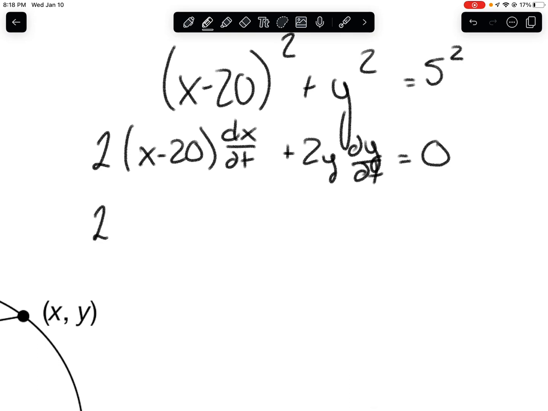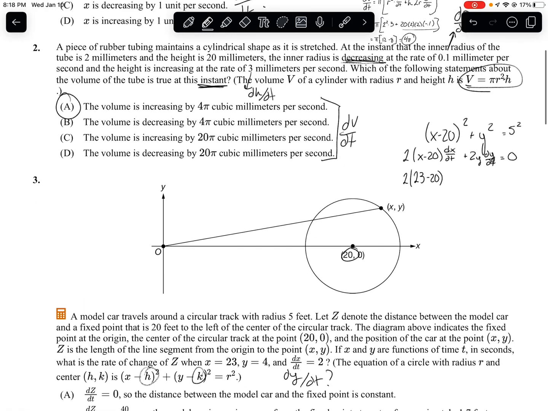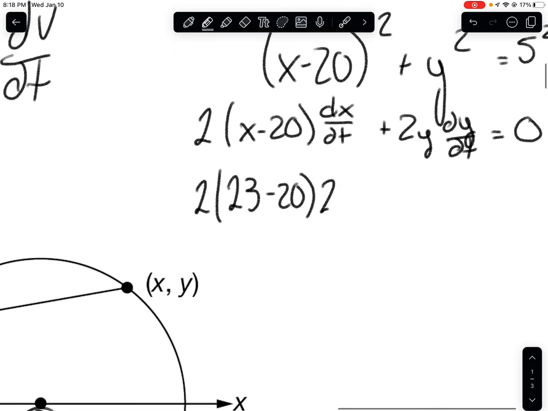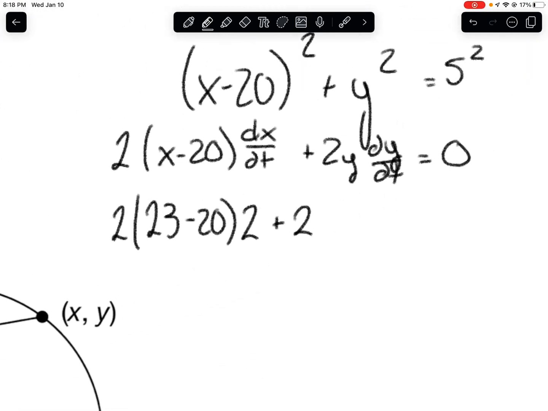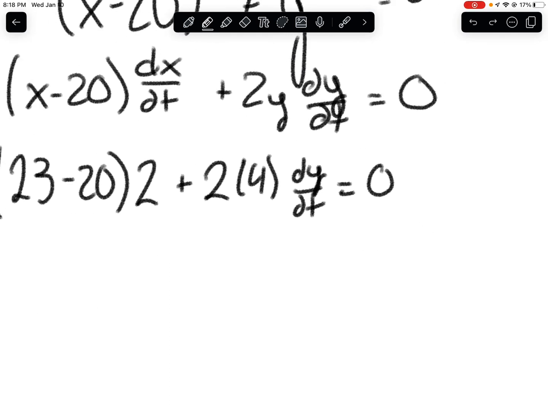So I'm going to have 2 times (23 minus 20), dx/dt is 2, plus 2, and I think y was 4, so times 4 dy/dt equals 0. So this is 2 times 3 times 2, which is 12.